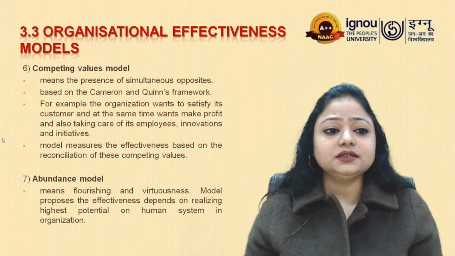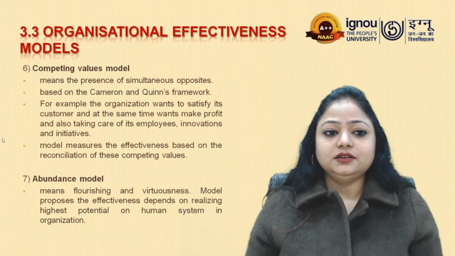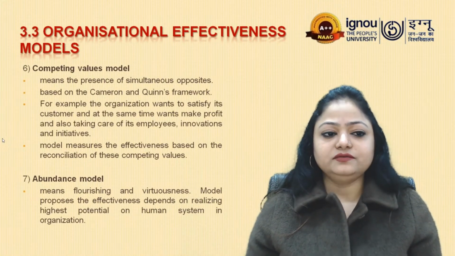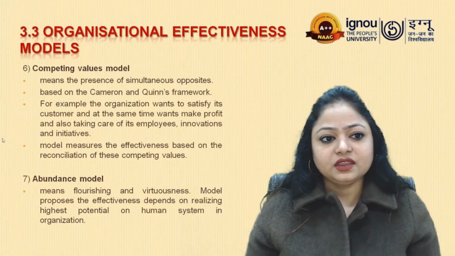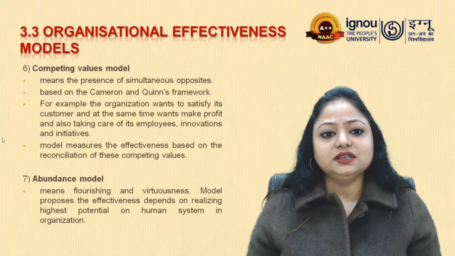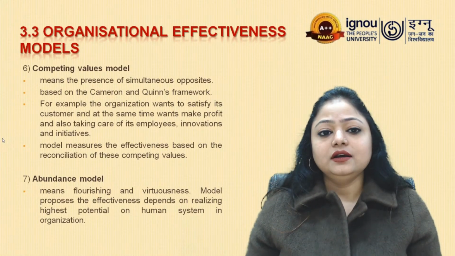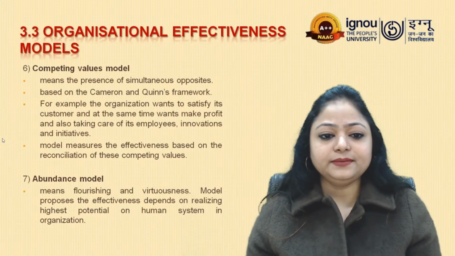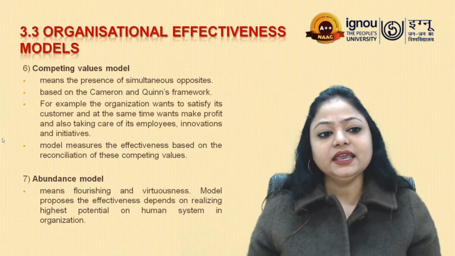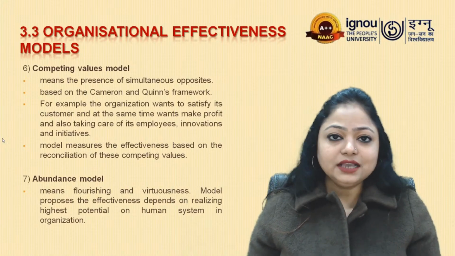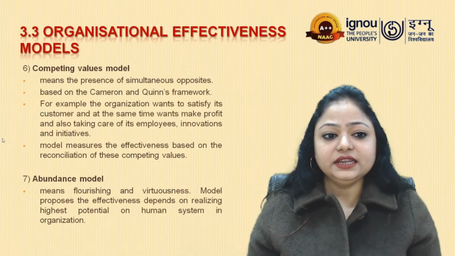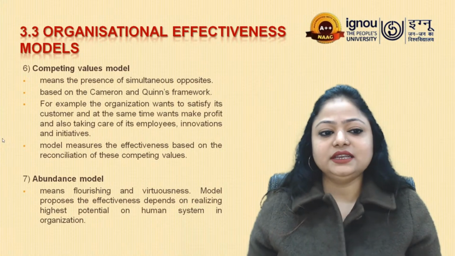Then another model to evaluate the effectiveness of the business organization is the competing values model. It suggests the presence of simultaneous opposites, based on Cameron and Quinn's framework. For example, the organization wants to satisfy its customers. At the same time, it tries to satisfy its own profit needs and wealth maximization needs.